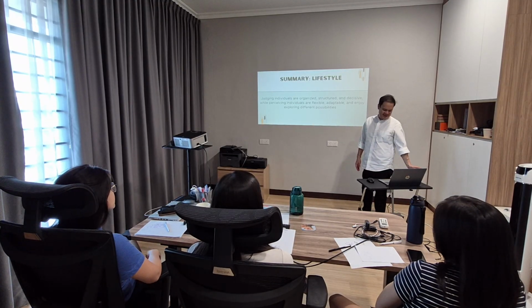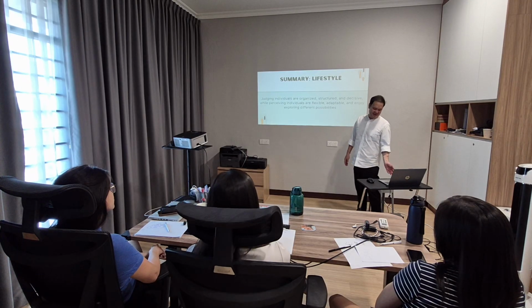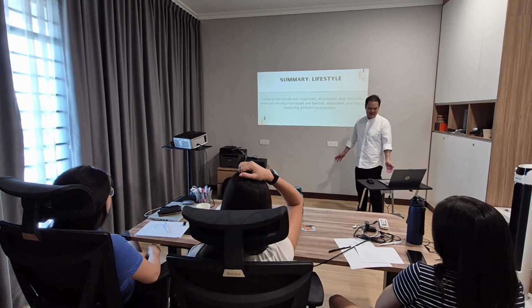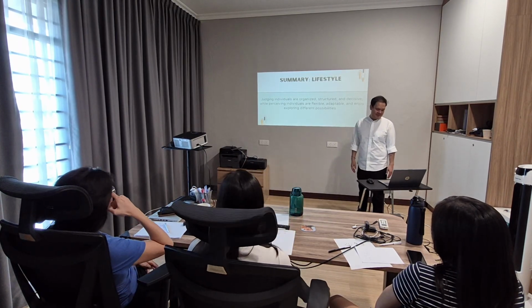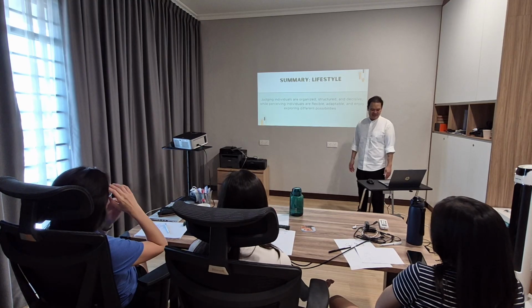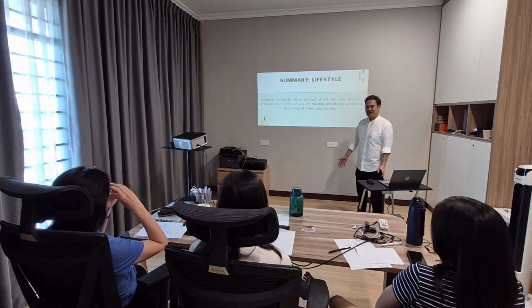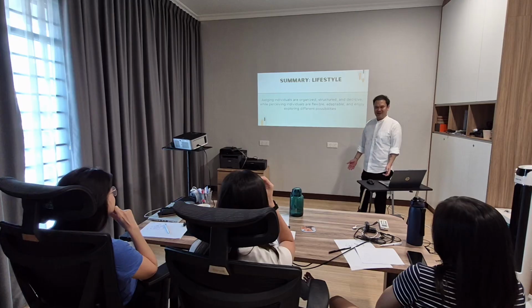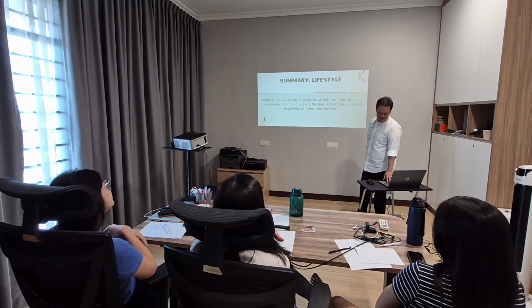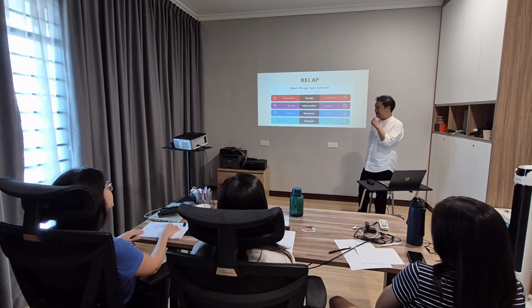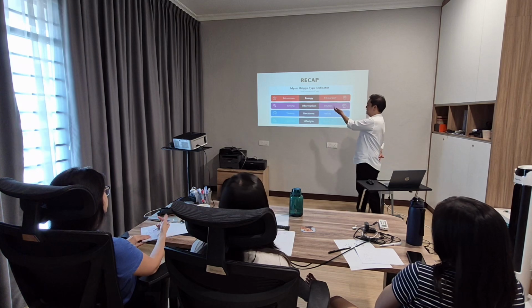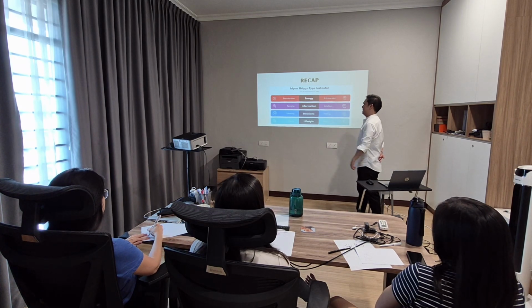So to summarize the lifestyle component, judging individuals are organized, structured, and decisive, while perceivers are flexible, adaptable, and enjoy the different possibilities that life can offer. So the 4 dimensions, to recap, are energy, information, decision, and lifestyle.